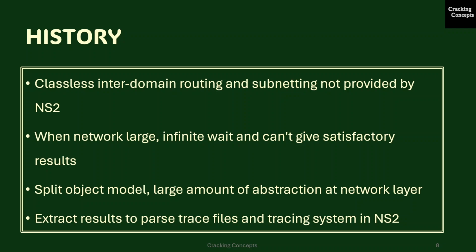There is a large amount of abstraction at the network layer and below, which leads to big discontinuities when transitioning from simulation to experiments. One of the main problems of NS2 is that to extract the results, we need to parse the trace files, and the tracing system in NS2 is not easy to use.